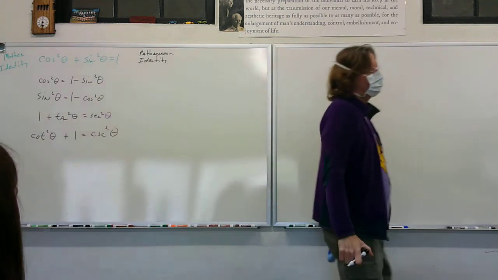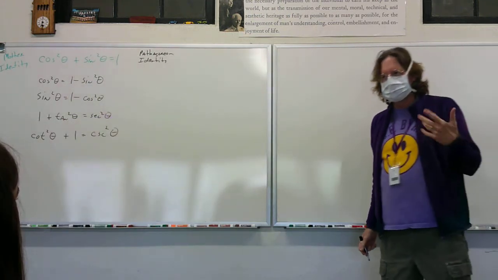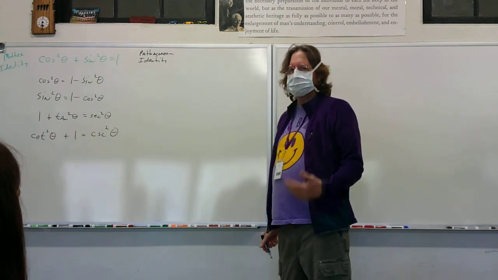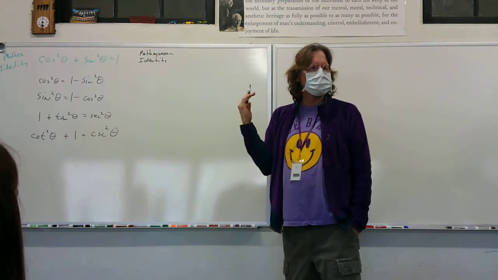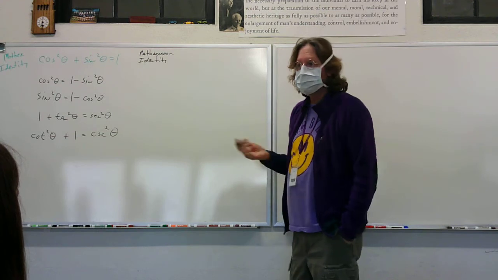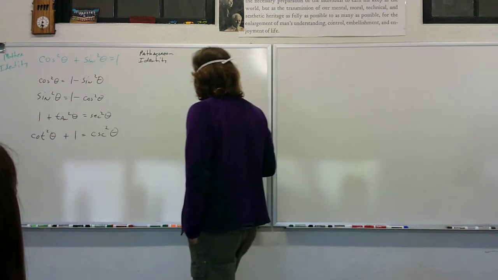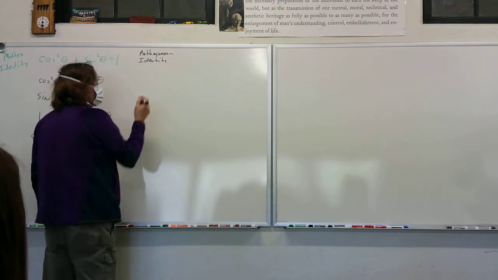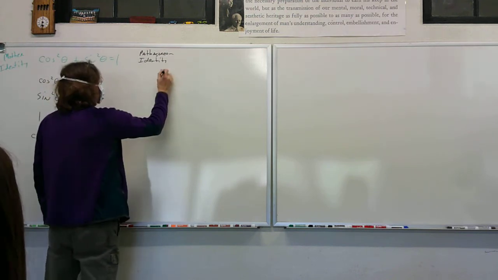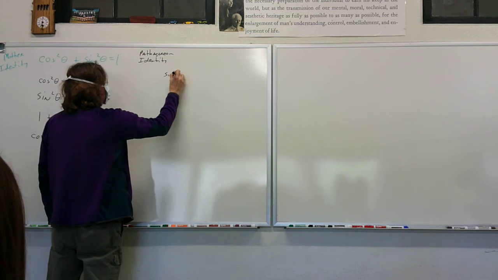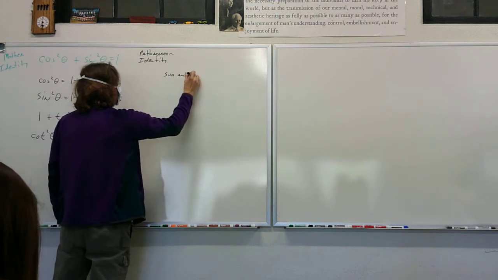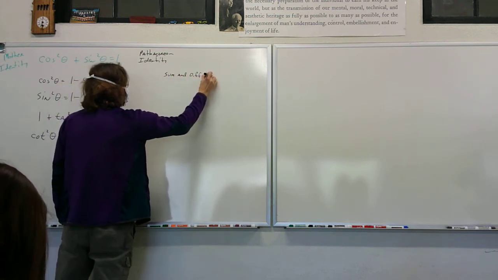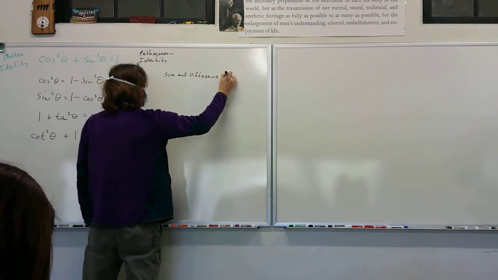If you said, Mr. Evans, you've got to prove why these rules work, I might could prove it if I started working with them, but I probably couldn't. Okay? Here's the rule. These are called your sum and difference rules. If you want to know what they're called, identities.